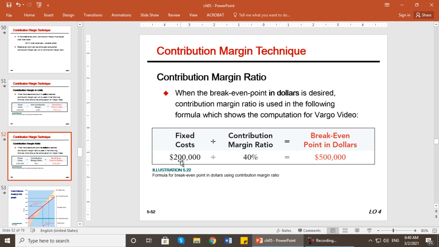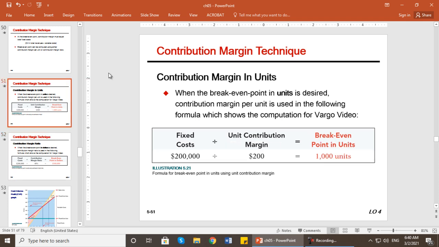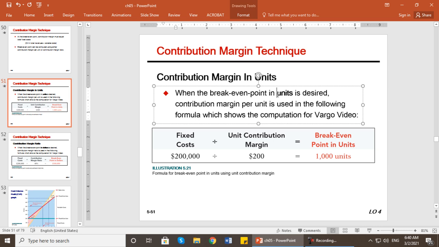Fixed cost 200,000 divided by contribution margin ratio 40% equals 500,000. As you know, we compute contribution margin ratio 40% by dividing 200 by 500, which is 40%. Again, here's in units.